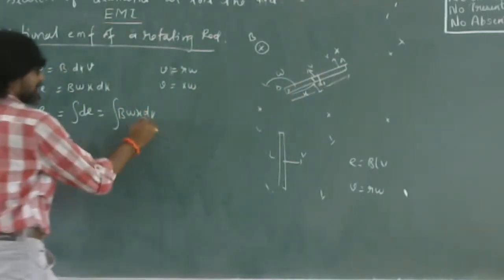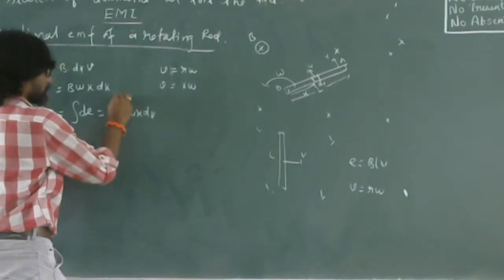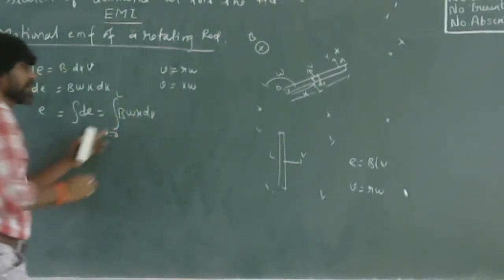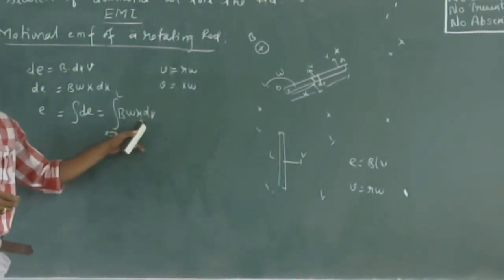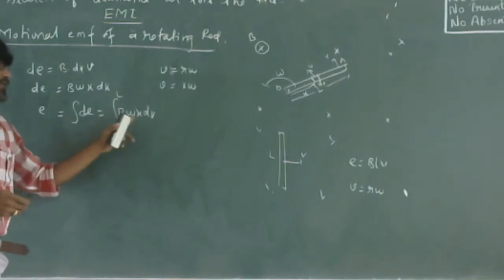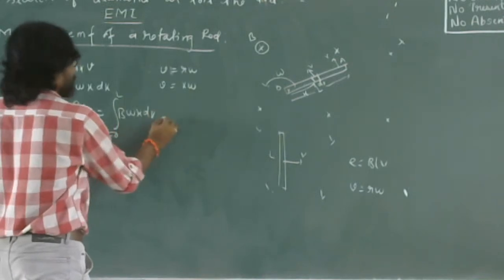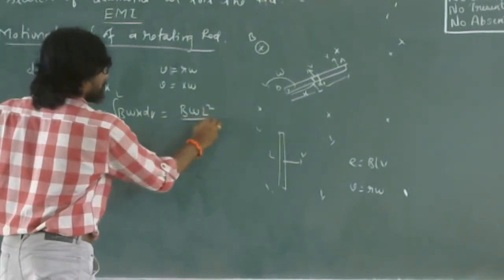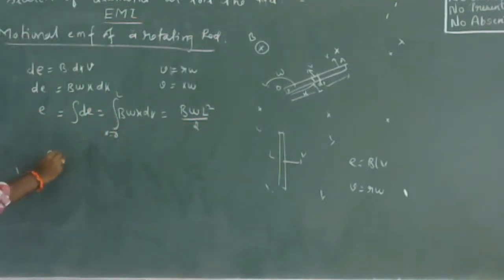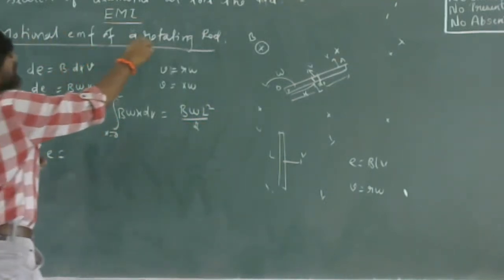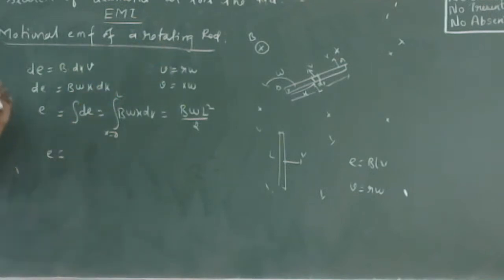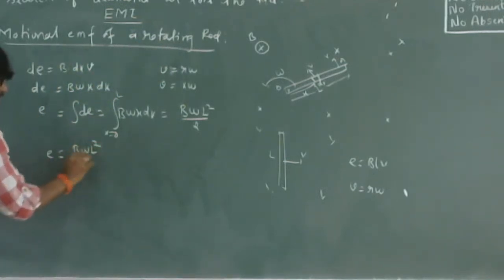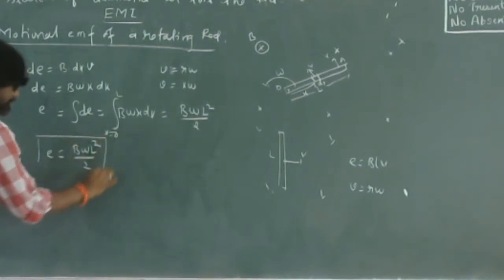If you take B omega out and integrate x dx, you get x squared by 2. With the limits 0 to L, we get B omega L squared by 2 as the motional EMF induced in a rotating rod. The motional EMF of a rotating rod is given by B omega L squared by 2.